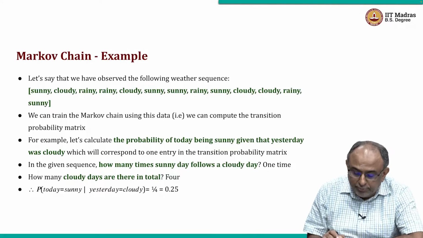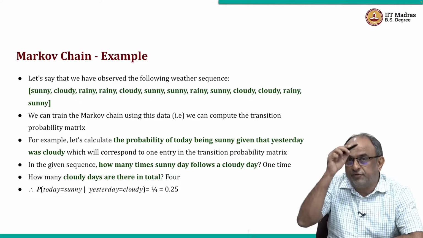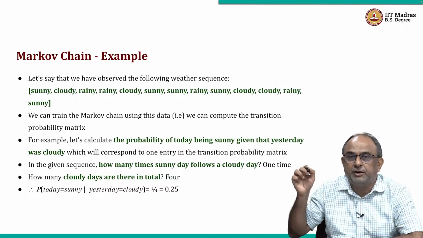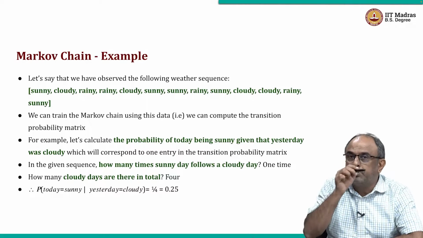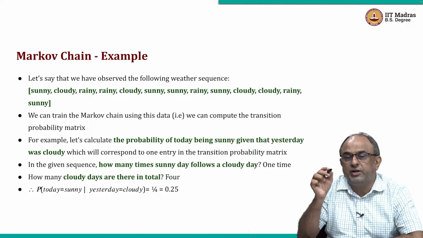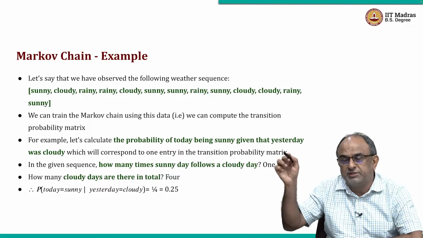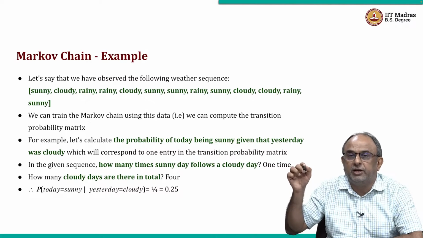Remember, the probability of A given B is the probability of A intersection B divided by the probability of B. So here, probability of sunny given cloudy is probability of sunny intersection cloudy, that is cloudy followed by sunny, divided by probability of cloudy, right.